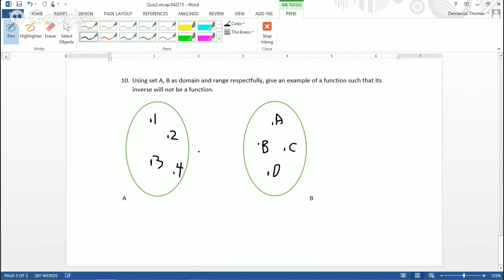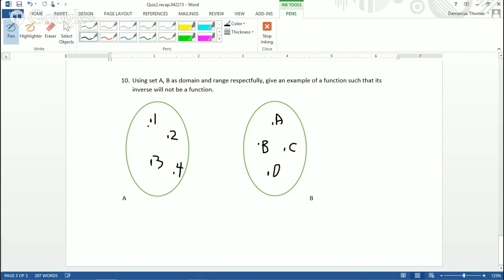It will not represent a function. A function cannot do that. However, you can have two separate input values going to the same y. That's okay. All right. And so, of course, my function going from A to B is my domain and range.